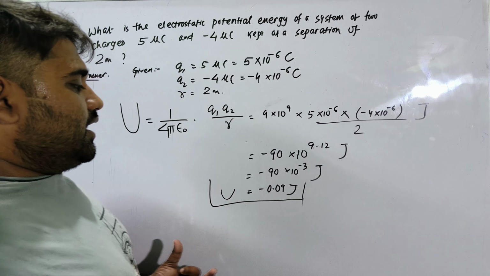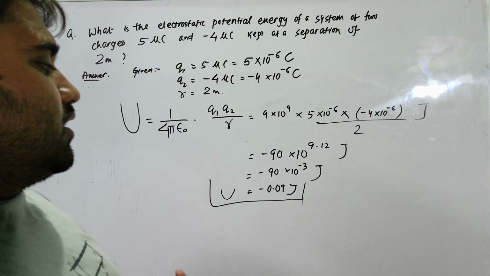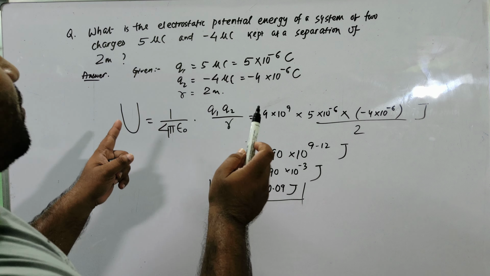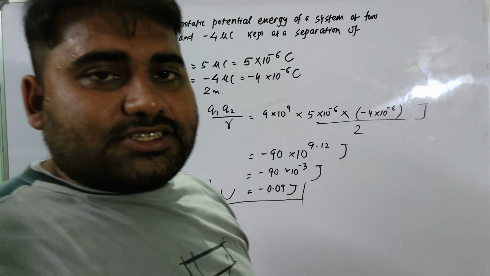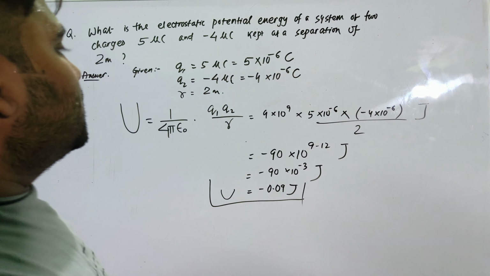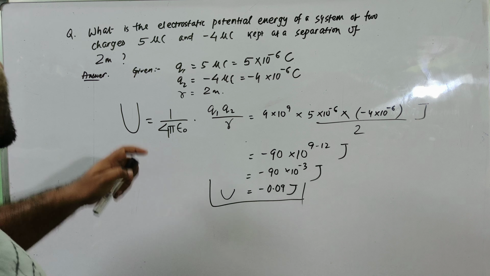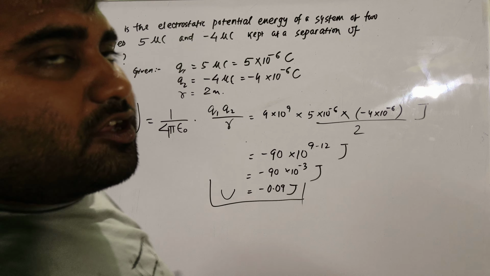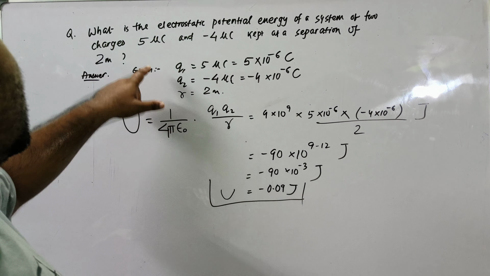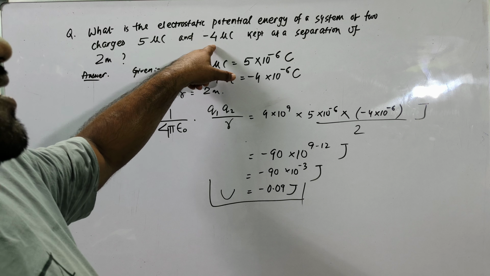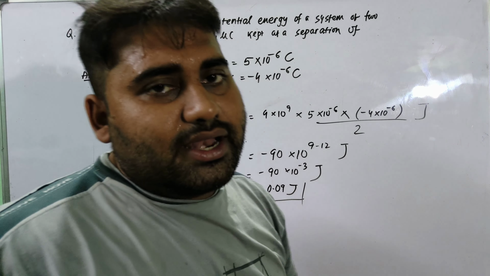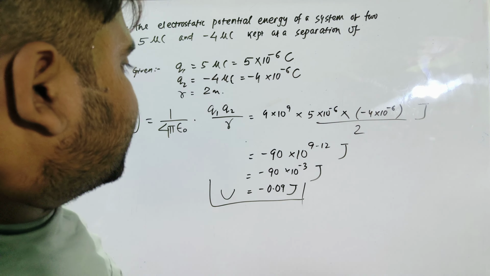So this much energy has been consumed to keep these charges apart from each other by a distance of 2 meter. In this case you get a positive charge and a negative charge, but it can also be given that both are positive charges, or both are negative charges. There is no restriction.